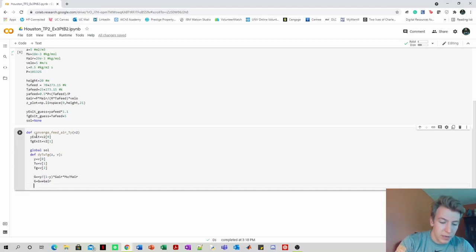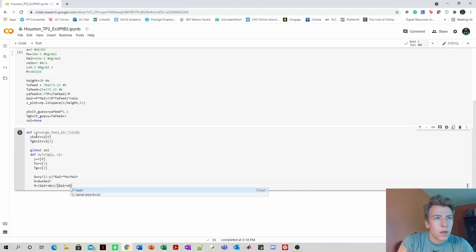And then we want to define the total average molecular weight, which is going to be equal to G air, the gas flow rate of air, plus GW, the gas flow rate of water, divided by the gas flow rate of air divided by the molecular weight of the air, plus the gas flow rate of the water divided by the molecular weight of the water.